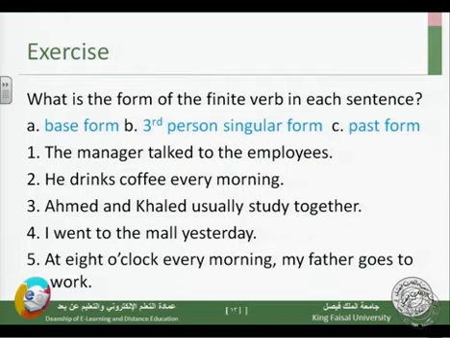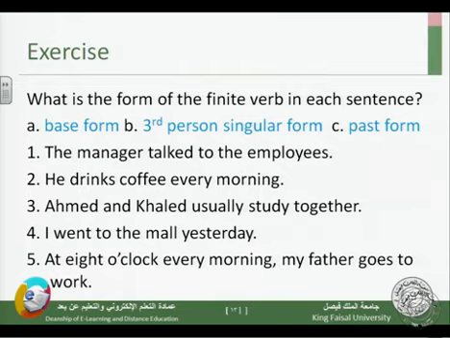Number 4, I went to the mall yesterday. Went is an irregular verb, of course, and so it is from go, went, the past form of go, so the correct answer here is C. Okay, C, it is the past form of the verb go.